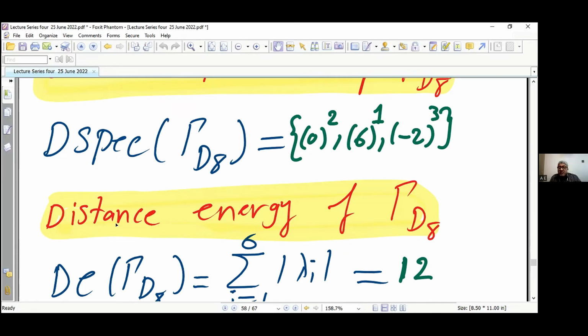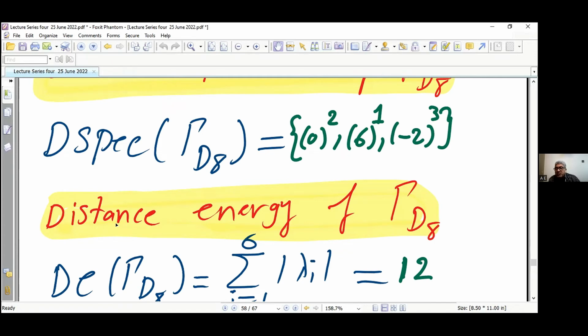So it means that, for example, if we have a tree with four vertices, we may have the path P4, which is a tree. The determinant of the distance matrix of P4 is equal to the determinant of the distance matrix of another tree with 4 vertices, for example, the star K1,3.